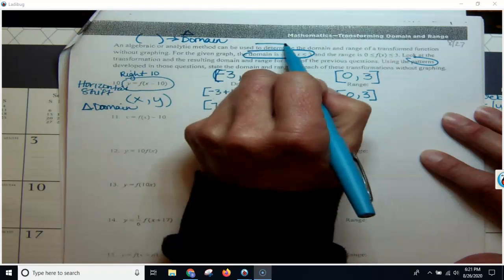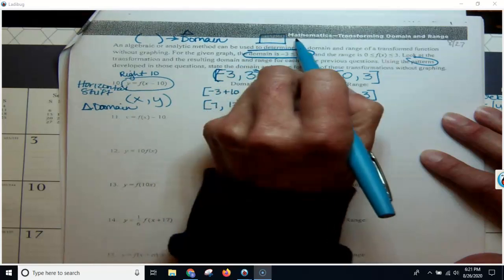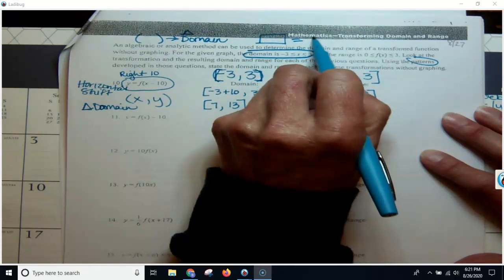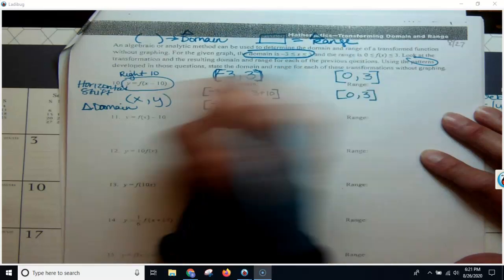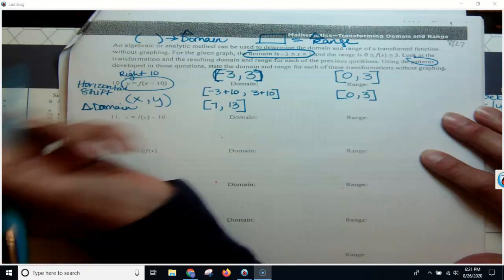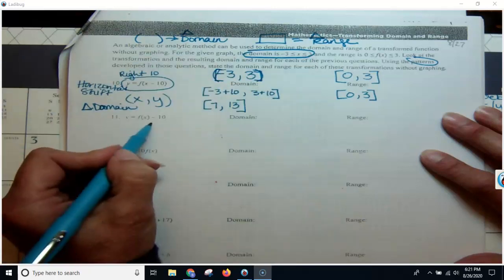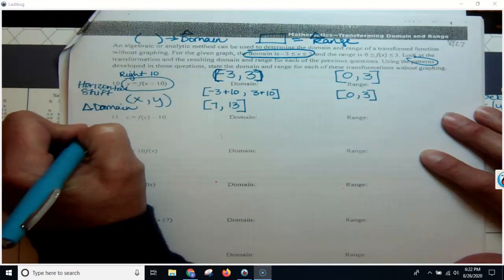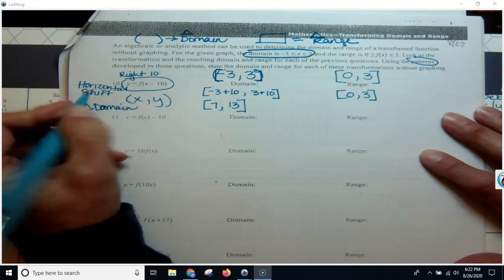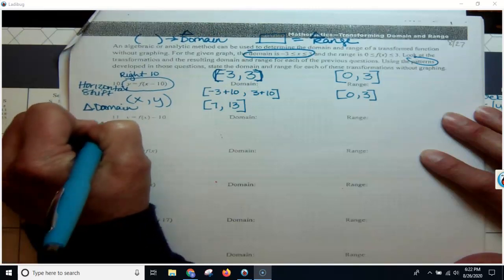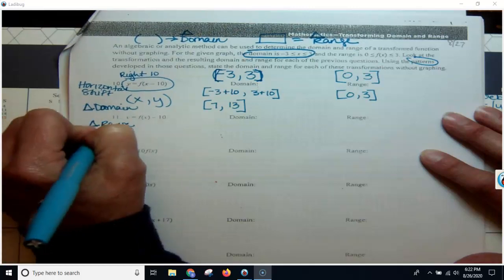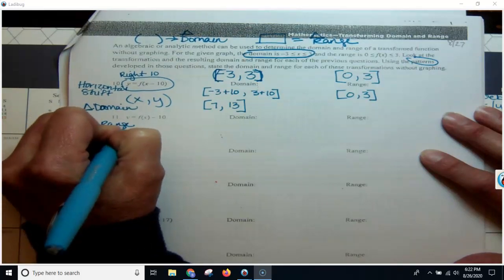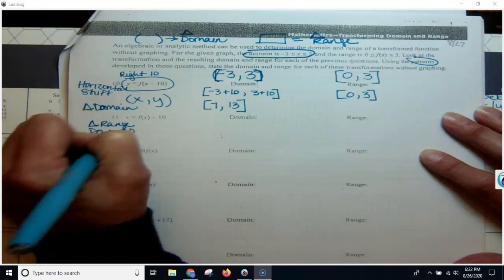If it's outside of the parentheses, then that is going to be a change in the range. Okay, so keep that little tool in mind. So this is outside the parentheses, outside of the function. So we're going to have a change in our range, and that is actually moving down 10. So that would be subtracting 10.